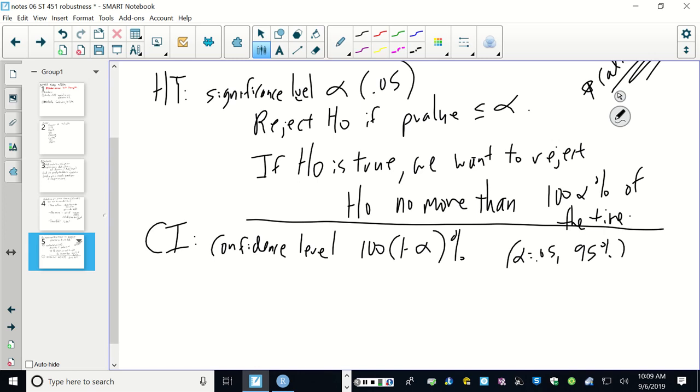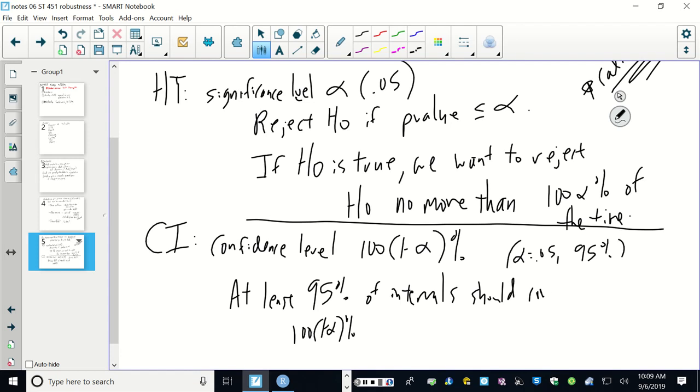And so we would like the intervals to match up to that and cover it, right? And so for calling something a 95% confidence interval, we want to be at least 95% confident, at least 95%, or in general 100 times 1 minus alpha percent of intervals should cover the population target parameters.